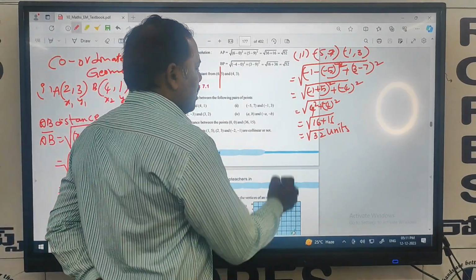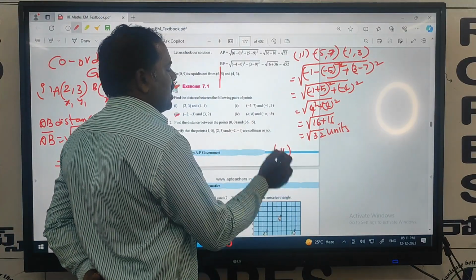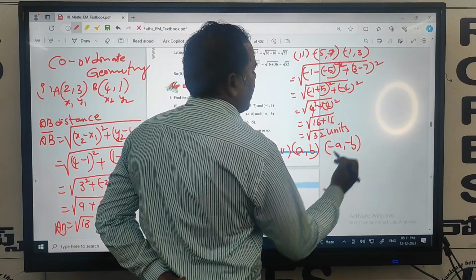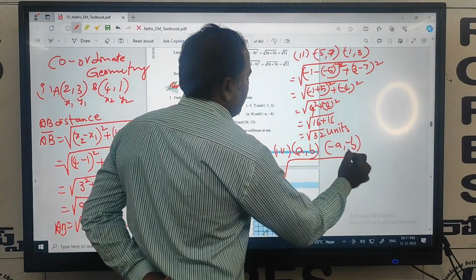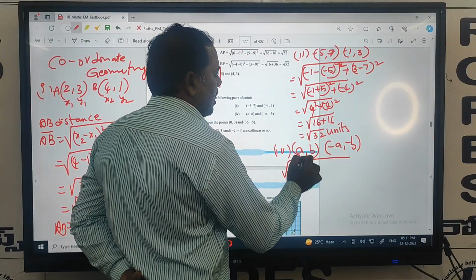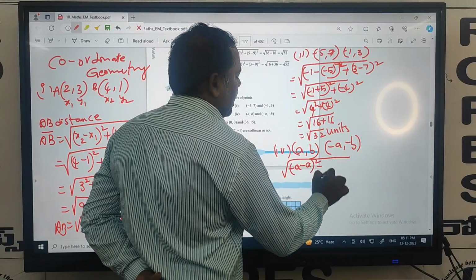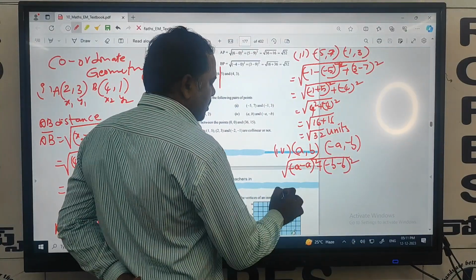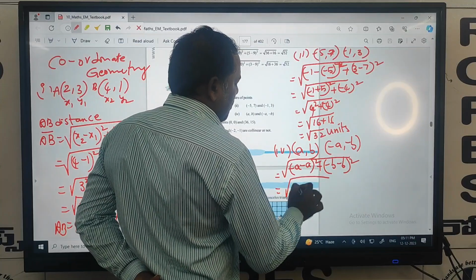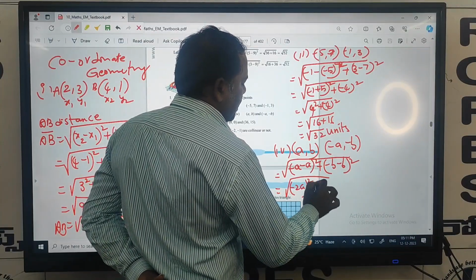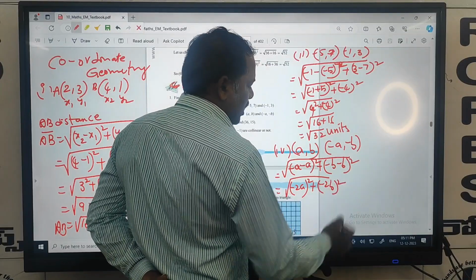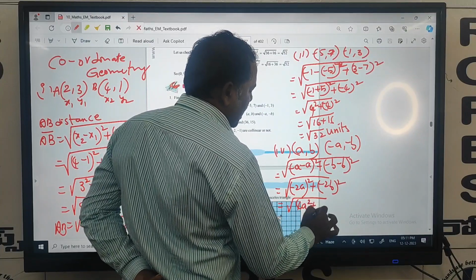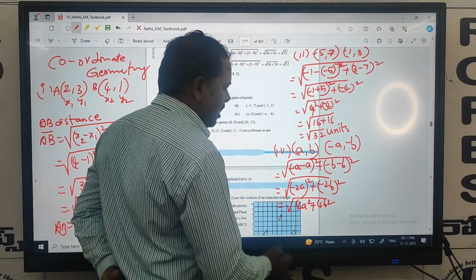Now the fourth one is important. In this one, they have given (A, B) and (minus A, minus B). The distance between these two is root of (minus A minus A) whole square plus (minus B minus B) whole square. We can write root of minus 2A whole square plus minus 2B whole square, which is the square root of 4A square plus 4B square.